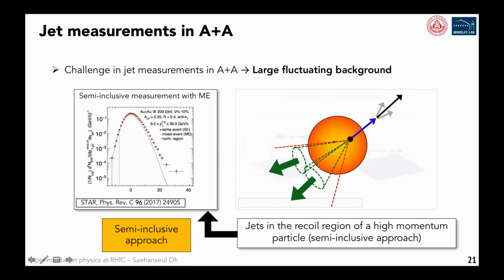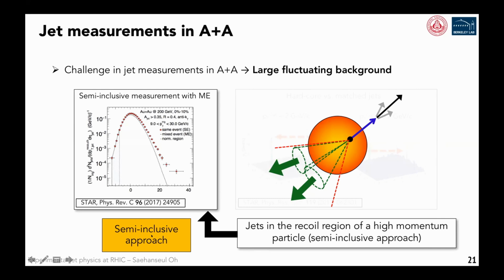So we're now looking at the recoil region of this high pT particle, and we're looking at jets in the recoil region. And we have a way to deal with combinatorial jets in this range.